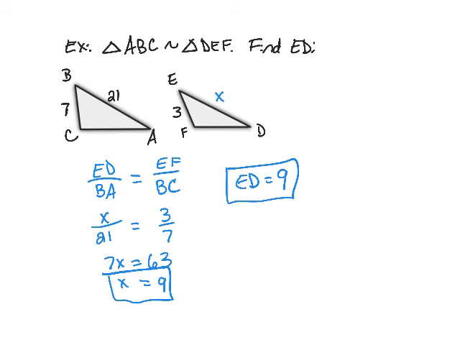You could also look at it just intuitively. 7 times 3 is 21, so 3 times 3 is going to be 9. If you looked at a scale factor between the two, that would be a little bit trickier, actually, because it would be 3 over 7 if you wanted to use a scale factor.